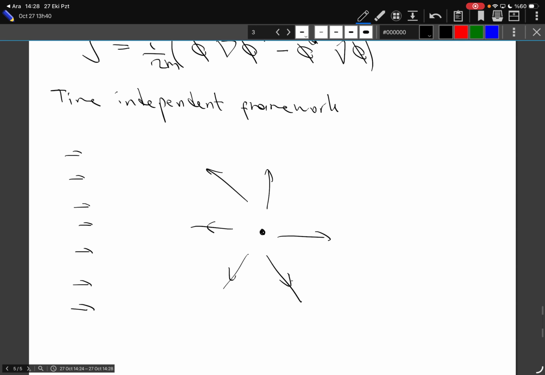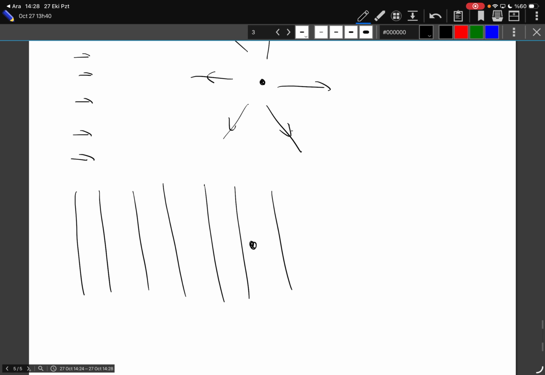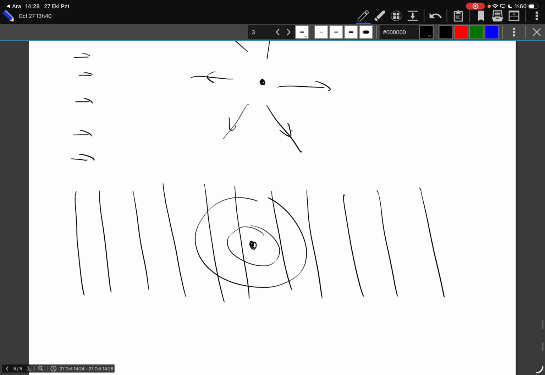From a wave perspective, this is the scattering center, you are sending plane waves. You have a plane wave component, and the scattering will create spherically outgoing waves.